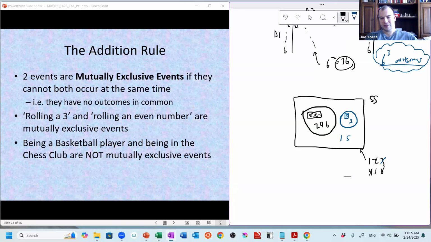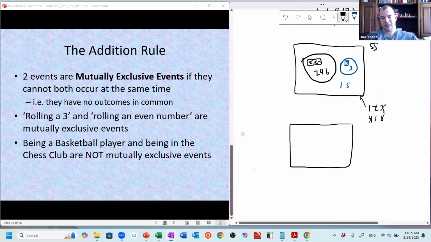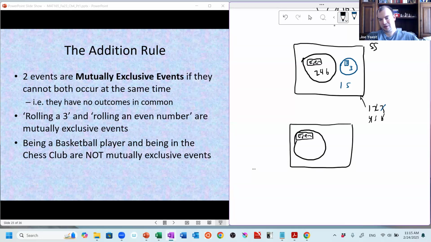Now consider a different scenario. If I was, again, looking at, say, even numbers as one event, say 2, 4, and 6, so this is the event roll an even number.